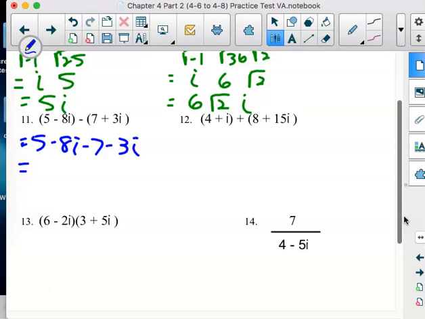And then we can combine like terms. So what would we get? Would that be in standard form? We need the I in the back.